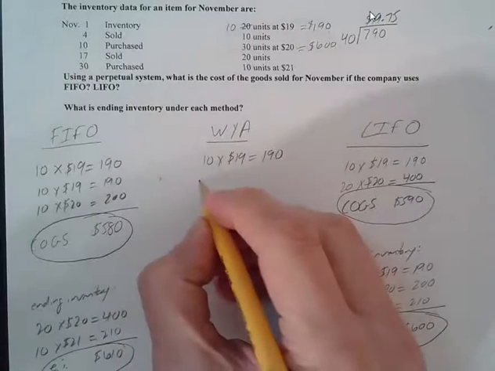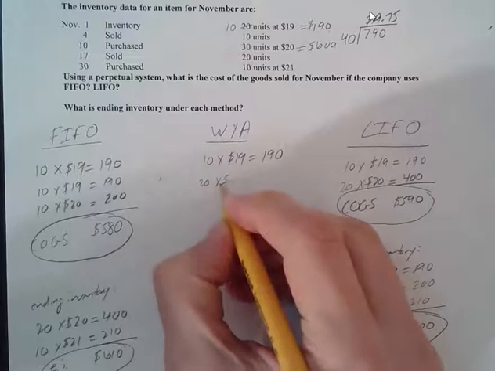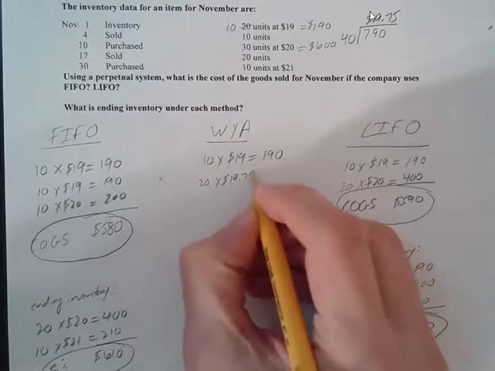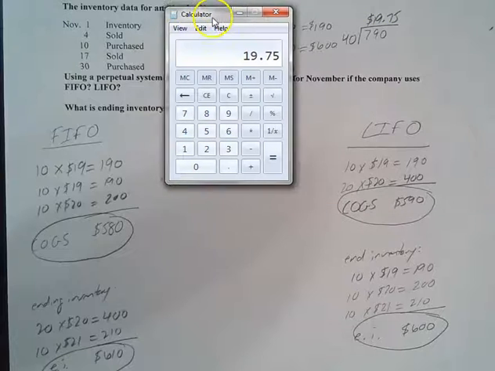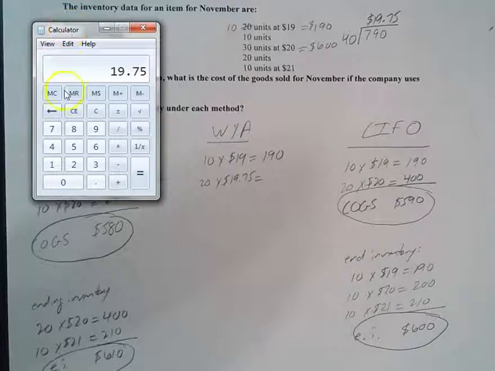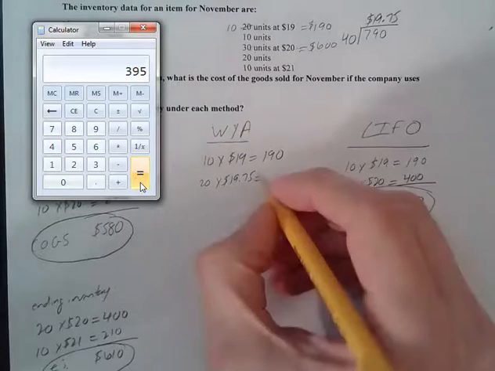So we sold 20 units times $19.75. I've already got my 19.75 on the calculator, so I'm just going to multiply it by the 20 units that we sold, and that's going to give me $395.